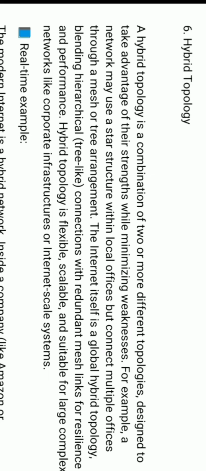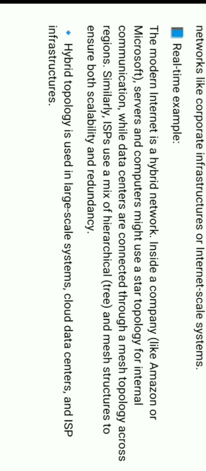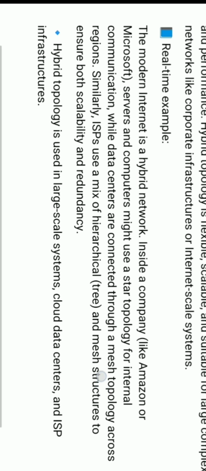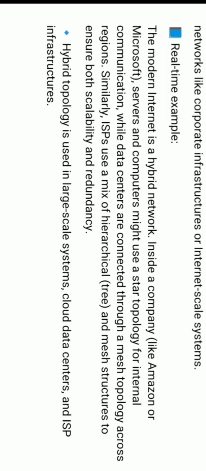Now, let's see one real-time example. Let me explain. Inside a big company like Amazon or Microsoft, servers and computers may use star topology. Their data centers across different regions are connected using mesh topology so that the data never gets interrupted. ISPs use a mix of tree and mesh for reliability and speed.